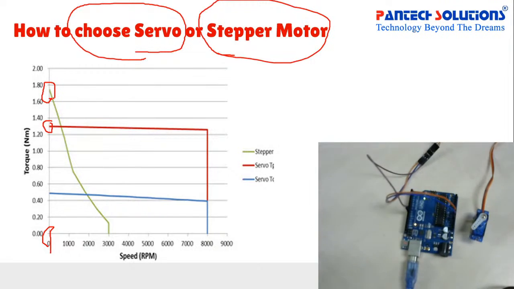Torque is nothing but load handling capability. If you need maximum speed with less torque, for that application you can choose the DC motor, PMDC or DC motor.